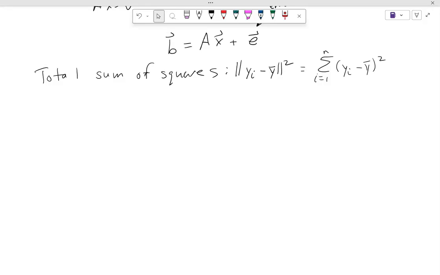I'm going to define this matrix N. This matrix N is going to be the n by n identity matrix, and then minus 1 over n times iota times iota transpose. I didn't put a dot above my i because that's supposed to represent the Greek letter iota. It's nothing fancy. Here's what iota is.